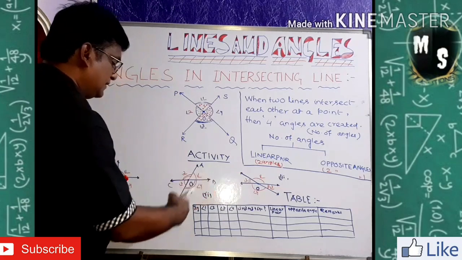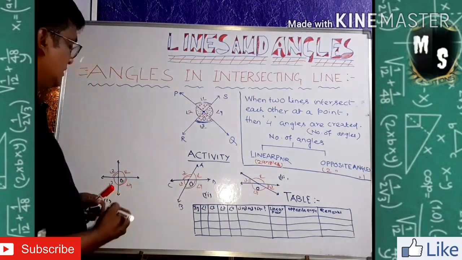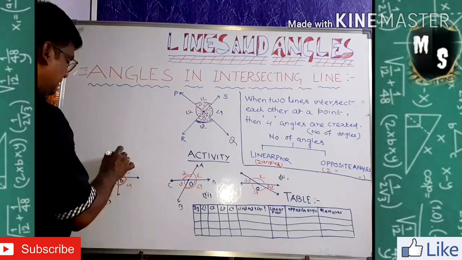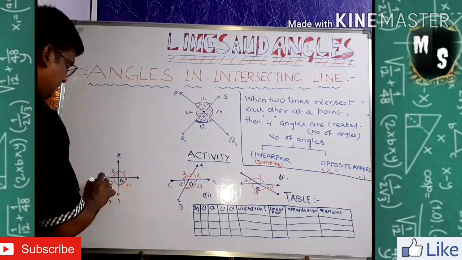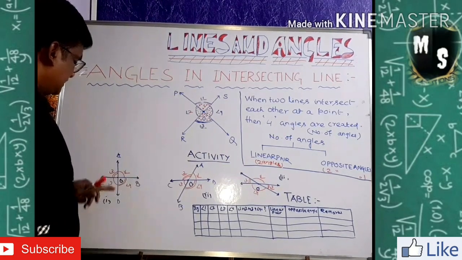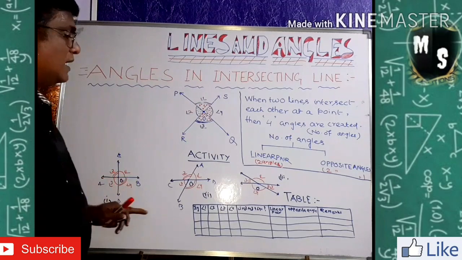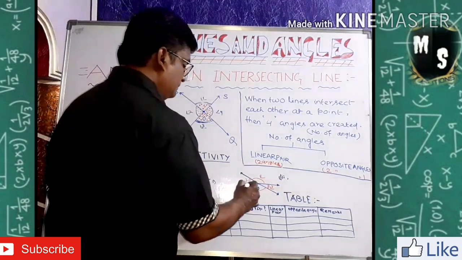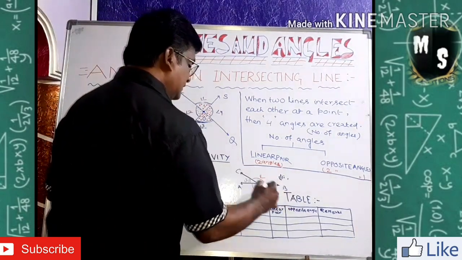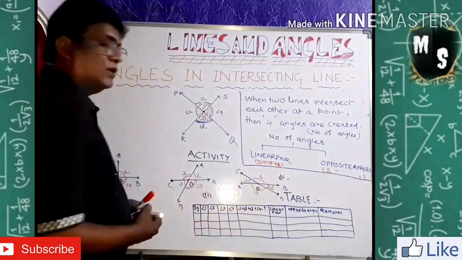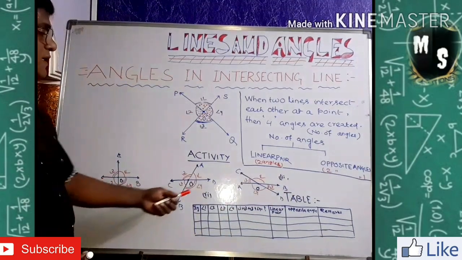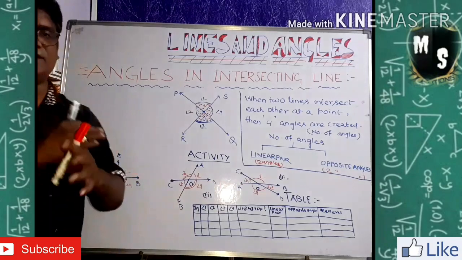Now AB and CD are intersecting each other. Here also take it as CD and AB. So AB is intersecting with CD at O. In three figures, I took three different types of intersection.